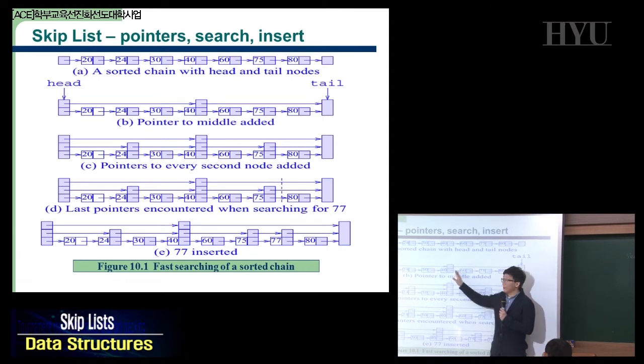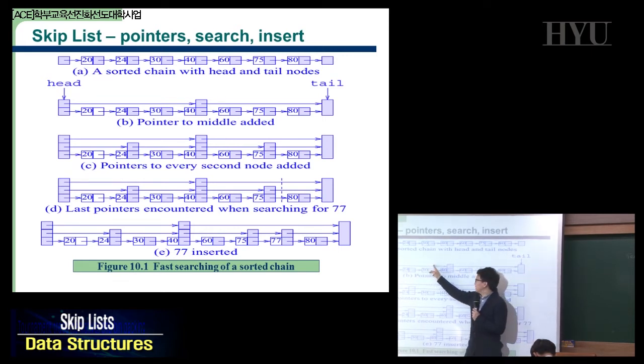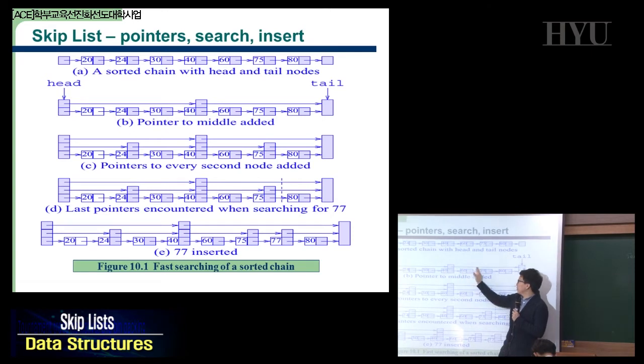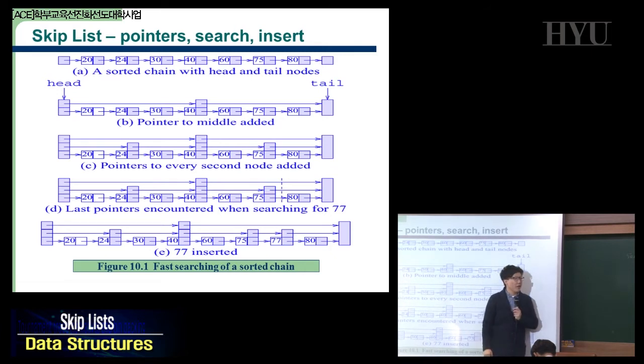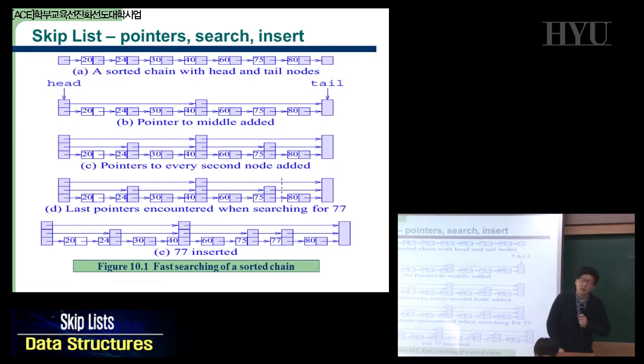If I know the value of what's in the middle, and the value I'm looking for is greater than the value in the middle, then I can take this pointer and start looking one by one from this point on. It means that I just skip half, right? Hopefully that speeds up the process of searching for elements.